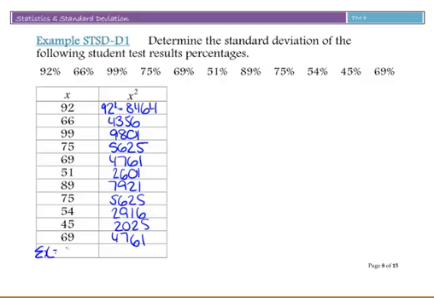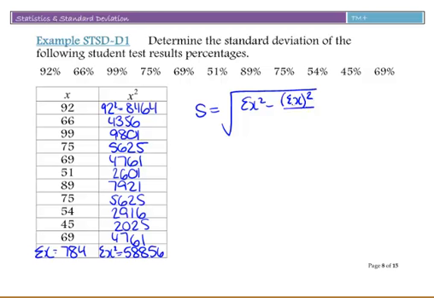The sum of x is 784, and the sum of x squared is 58856. Sorry, suffering a little bit from dyslexia. So 58856. So now we write out our formula: sum of x squared minus the sum of x all squared all over n, that's all over n minus 1, because we're looking at a sample.